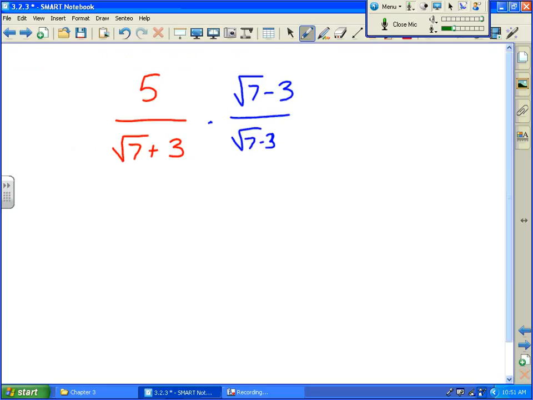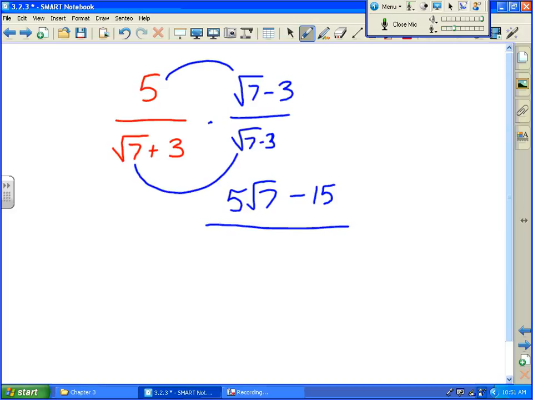So we would multiply top and bottom by root 7 minus 3. At the top I get 5 times root 7, so 5 root 7 minus 15. On the bottom, you can kind of cheat on the FOIL because it's a difference of squares. What I mean by cheat is go first times first, and last times last. You don't have to do the insides because they'll end up canceling.